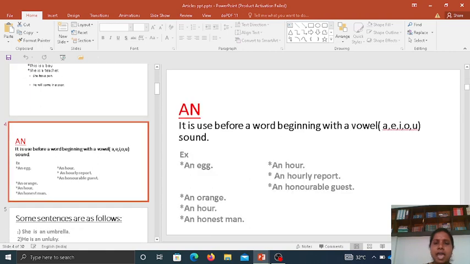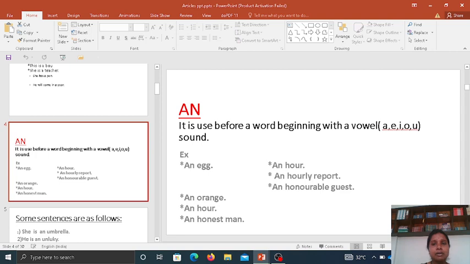The next is an. When should we use an? It is used before a word beginning with a vowel. Which are the vowels? A, E, I, O, U. These are vowel sounds. We know about it. So when we look at the given word, what do we have to do first?